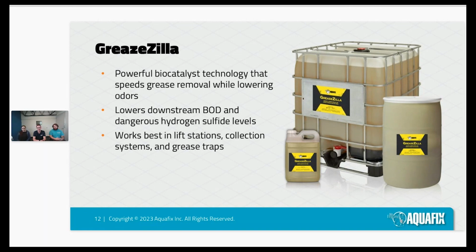By breaking those up into more tolerable, more metabolizable compounds such as volatile fatty acids and ultimately your glycerols and everything like that, your native bacteria are going to be able to eat that. So that's exactly what Greasilla does. I say it's always more of an aggressive treatment for hardened-on grease caps or even just lift stations that get a high abundance of fats and greases.